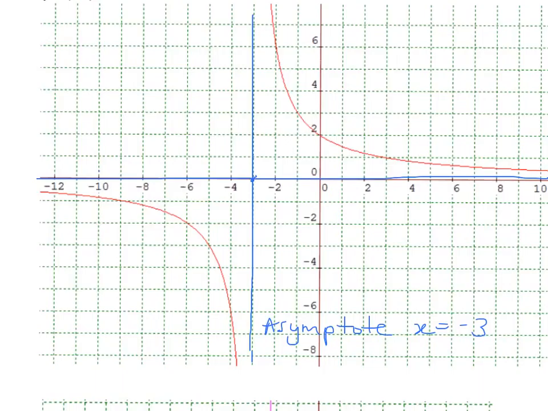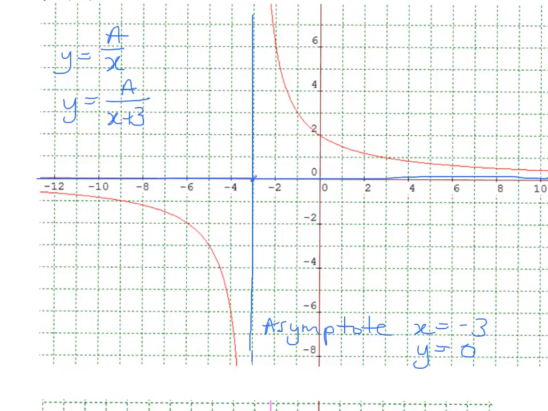And we're still on y equals 0 for our other asymptote. And so our equation is y equals a over x. We have moved to the left 3, so it's going to be y equals a over x plus 3. Remember, it goes the opposite way to what you think.